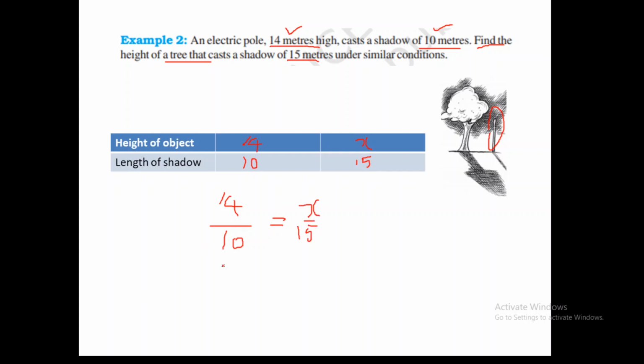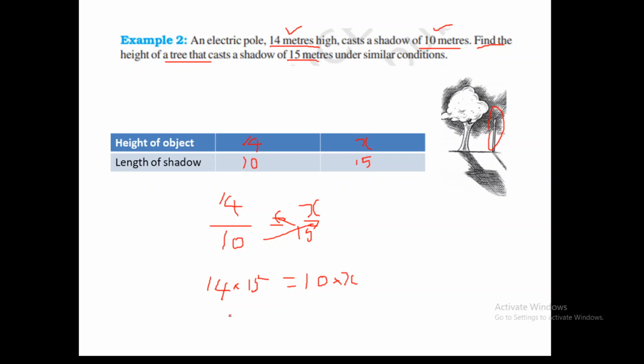Then cross multiply and find x. So cross multiply: 14 into 15 is equal to 10 into x, right?